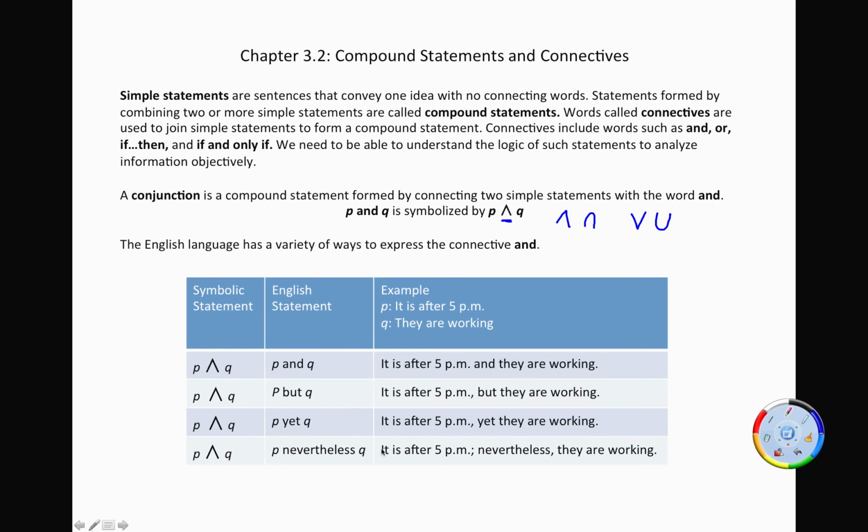It is after 5 p.m. nevertheless they are working. Notice that all of these imply the exact same thing, that it's after 5 p.m. and they are still working. So it's really the English that's going to give us fits in this section, if anything. Not the math, it's going to be the English we're going to have to be careful with.